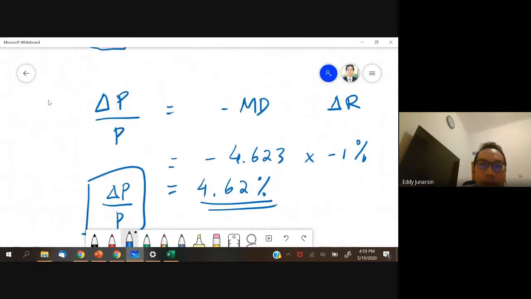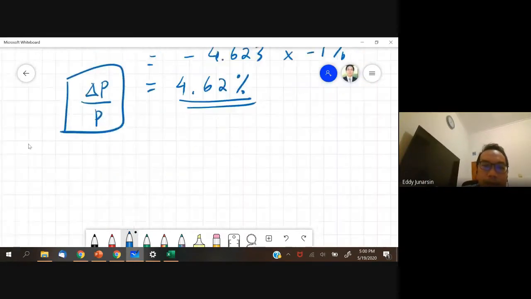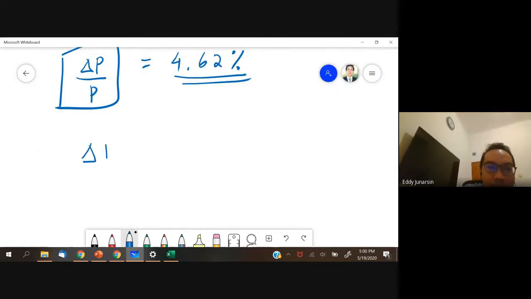But if you want to approximate the change in price only, then you have to multiply this one with P, right? So if we want to know only the change in price, this would be modified duration multiplied by the original price multiplied by the change in interest rate.